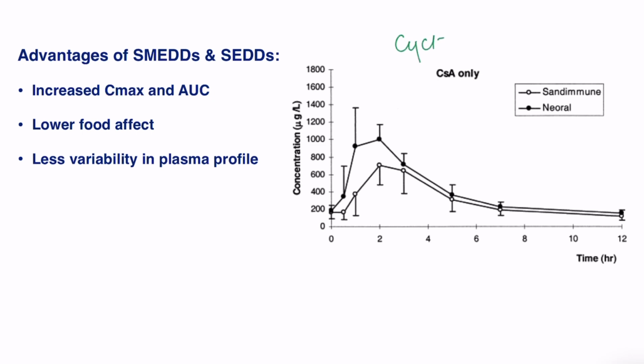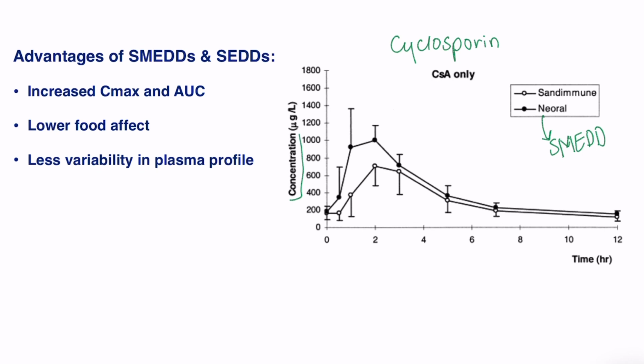This graph represents the time-concentration profile of cyclosporine. The empty dots represent the Sandimmune, which is the regular drug form without the self-emulsifying drug delivery systems, and the dark dots represent the SMEED form. You can tell from the graph that at time 2, the concentration achieved was the maximum.